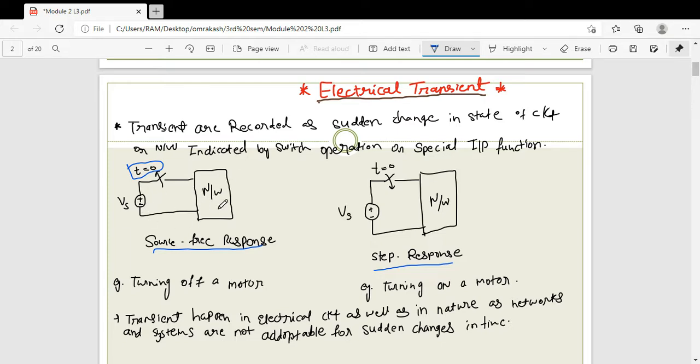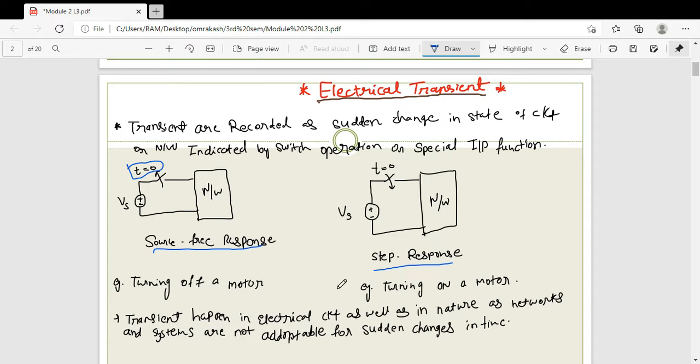In that network there are elements like R, L and C, which are affected by that switching operation. Because you know that an inductor doesn't allow a sudden change in current, similarly a capacitor doesn't allow a sudden change in voltage, so that creates the transient condition in the circuit.